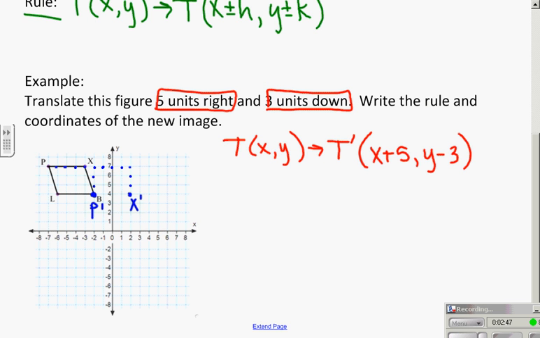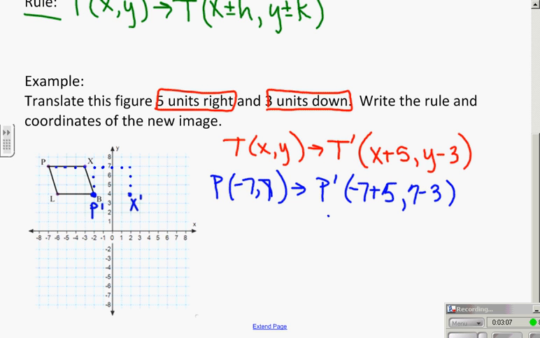So instead, what we want to do is we want to talk about P being at negative 7, 7. And when we run it through our translation machine, P prime is negative 7 plus 5 and 7 minus 3, which means P prime is at negative 2, 4.